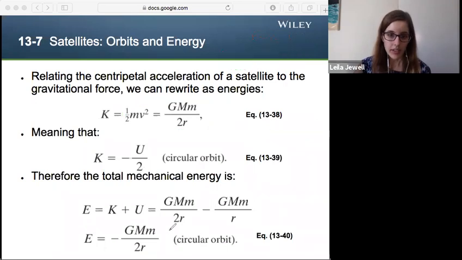So we can add the kinetic plus the potential, and since the kinetic is half of the potential, the total energy is going to be half the potential, but negative. The negative of the potential wins out. So our total energy in a circular orbit is given by negative G big M little m divided by 2 divided by r.